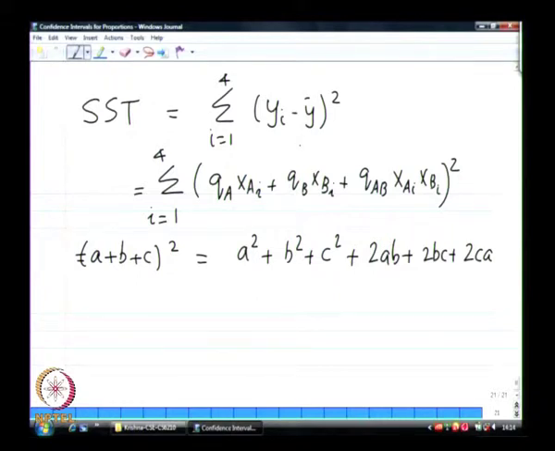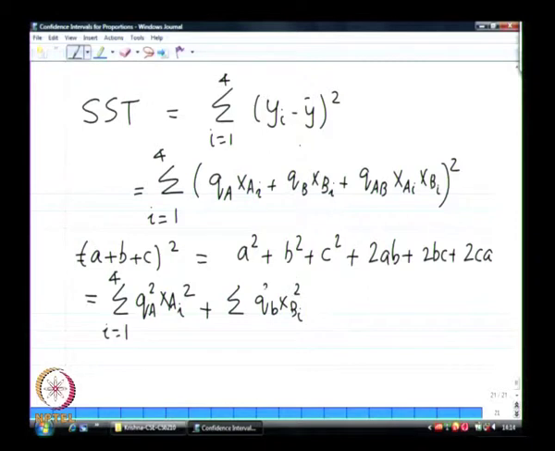Okay. So applying that, you basically have qa squared plus qb squared into xbi squared and so on, right, then plus qab squared into xai bi squared, all that stuff, right.